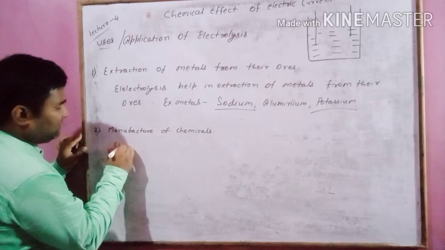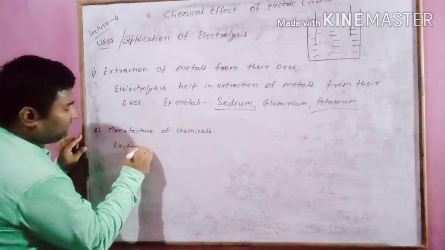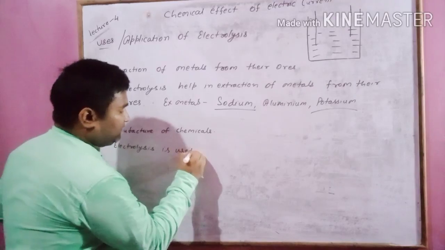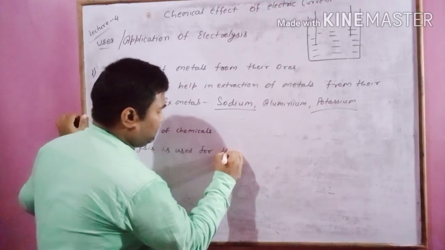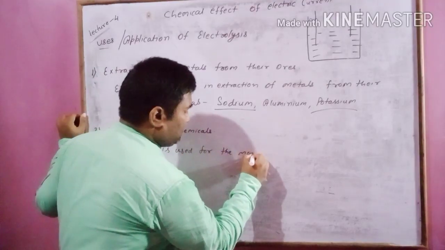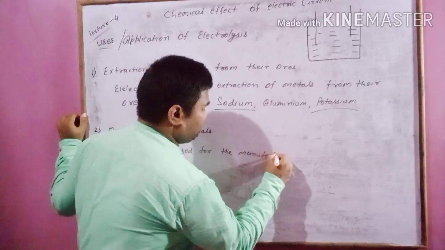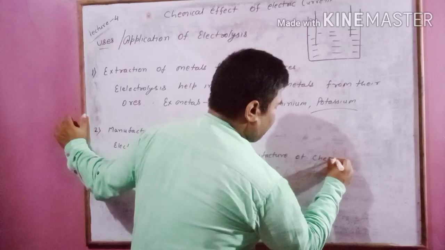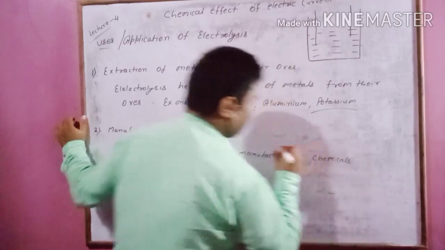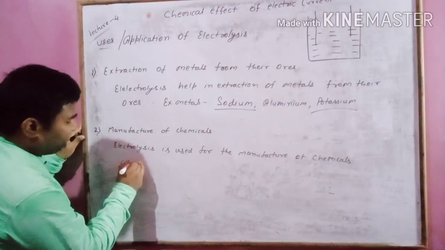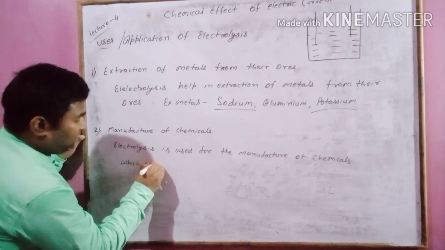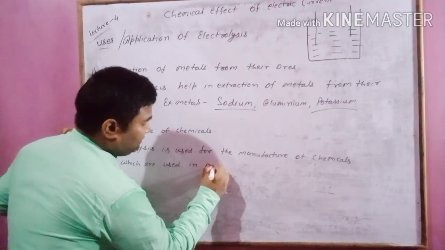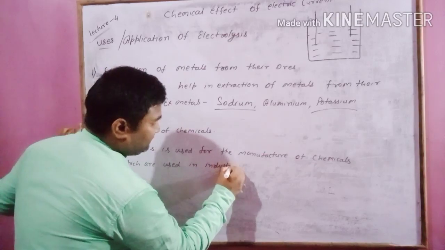Means electrolysis is used for the manufacture of chemicals which are used in industries.